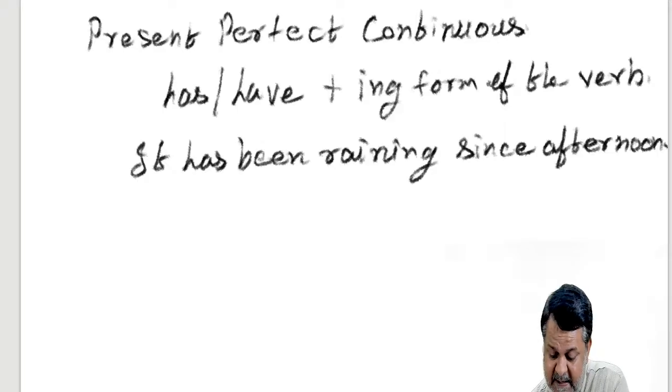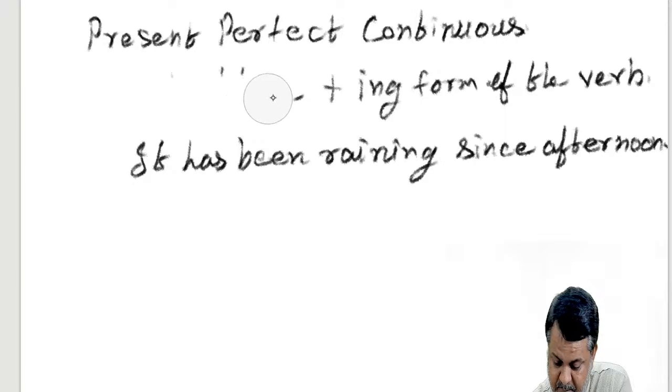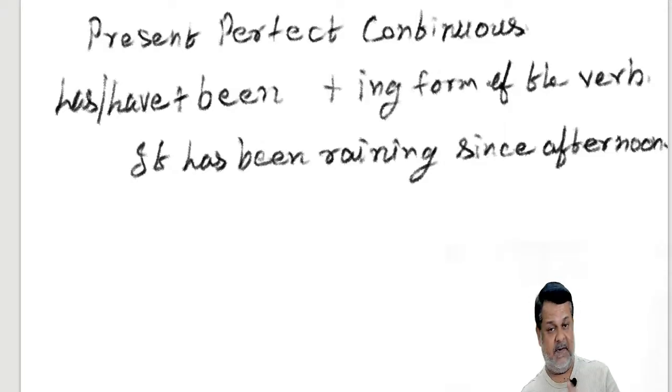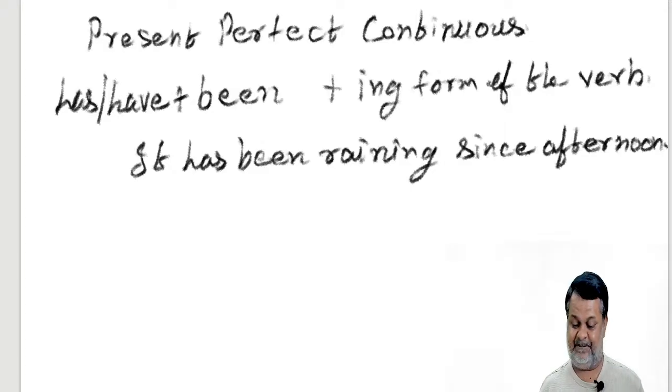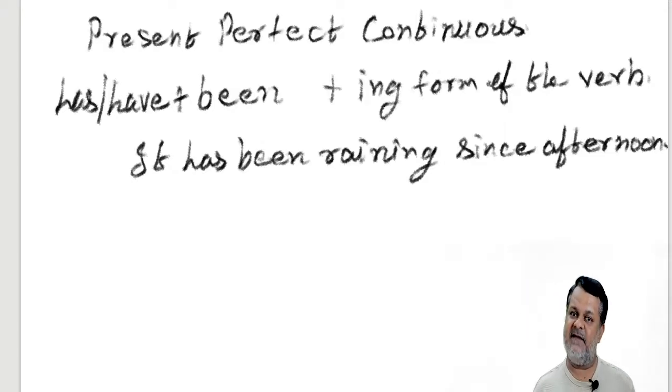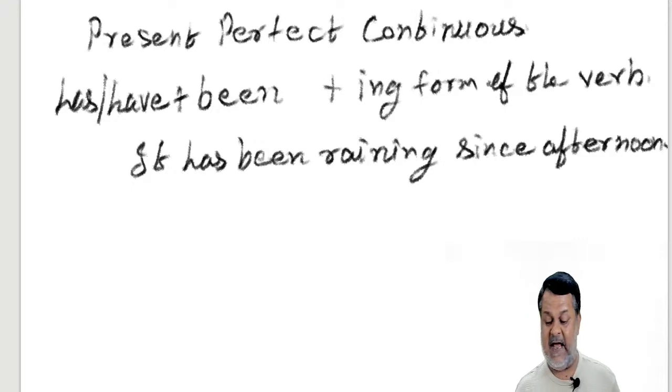So has been, yeah, has, have plus been plus ing form of the verb. That's how perfect continuous terms are used. So when it comes to present perfect continuous, it is either has or have plus been plus ing form of the verb. It has been raining since afternoon.